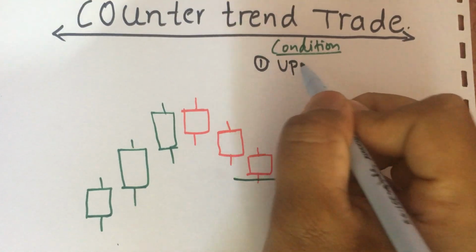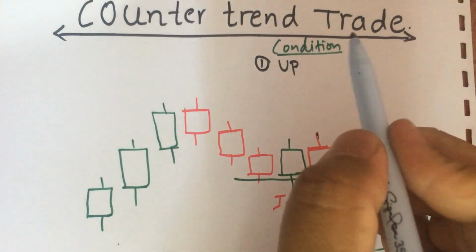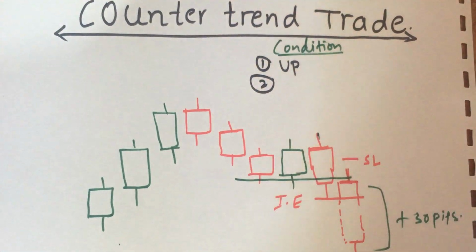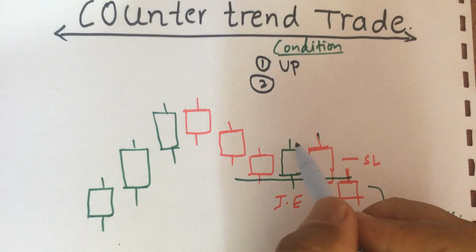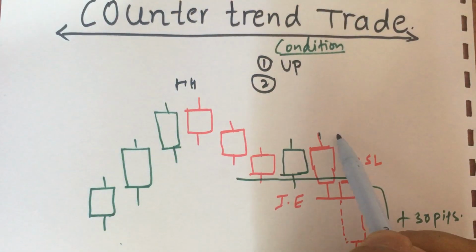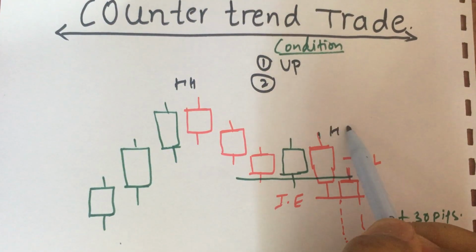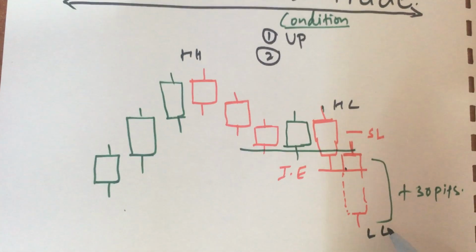All right. If you are thinking the counter trend means down, the trend should be up. And the second thing that you need to know is you could have a resistance formed, meaning this is the higher high and this is the higher low. So what's the probability that the next candle will continue to push down and make a new lower low? It's going to be very, very high.